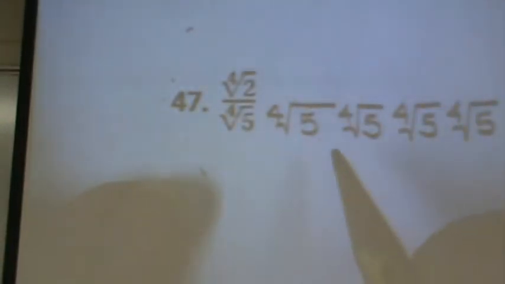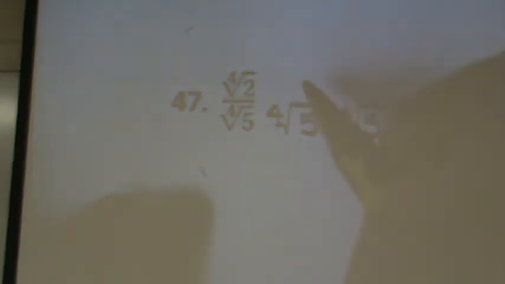47, you need 4 of a kind. So you need the 4th root of a 5, another one, another one. You need 1, 2, you're missing 3 of them. And 5 times 5 is 25 times 5. What's 5 times 5 times 5 times 5? It's 625.